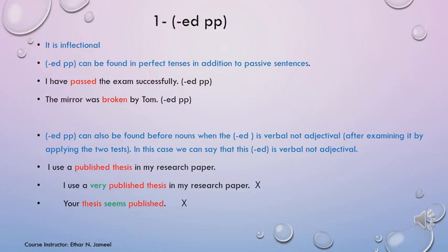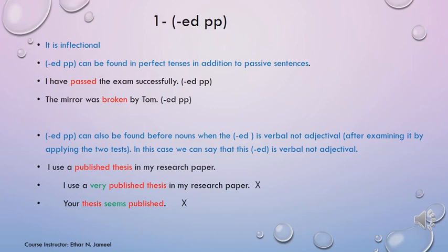Now we have to decide whether the -ed in published is -ed adjectival or -ed past participle. We can apply the two tests, starting with the first one. I use a very published thesis in my research paper. Can I say I use a very published thesis in my research paper?